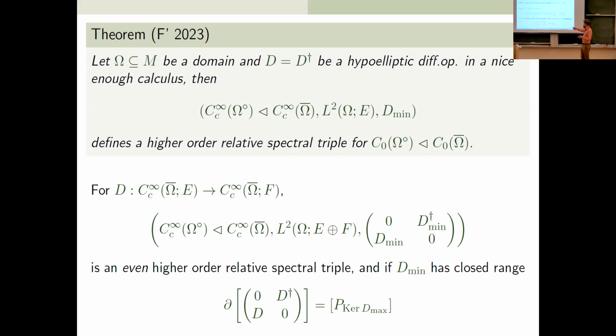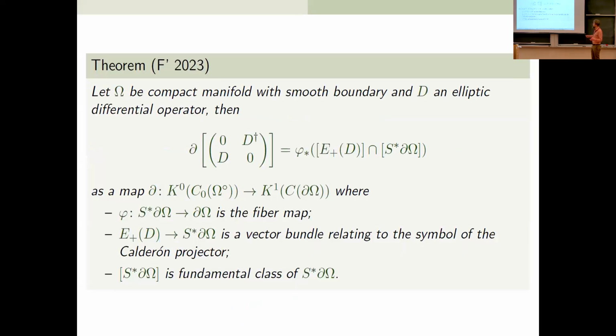This doesn't say that much, and the hope is to work this further in some nice hypoelliptic cases. But so far, what I've done is work in the classical setting, where we have a compact manifold with smooth boundary, and any differential or elliptic differential operator in the classical sense.